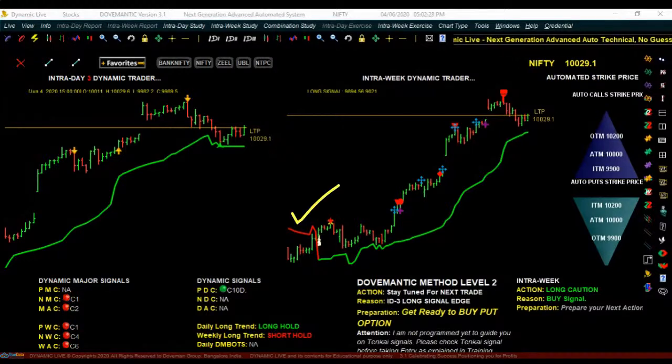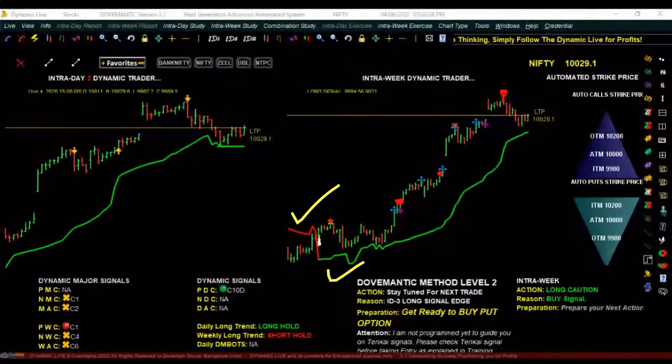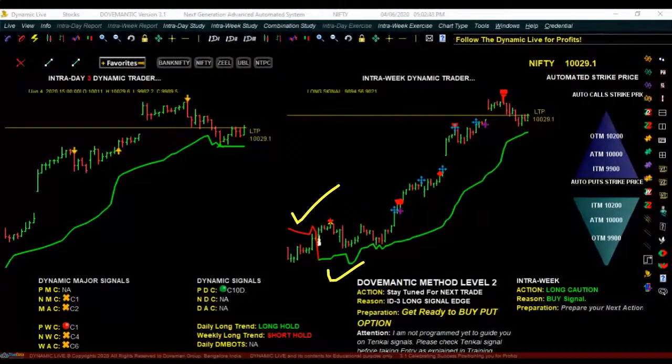It can change its color from red to green and from green to red. Whenever the long signal turns green, it is telling you to buy, and that the trend is up. Similarly, whenever the long signal turns red, it is telling you to sell and the trend is down. So just by looking at the color of the long signal, you will be able to understand the trend of the price. Clear?